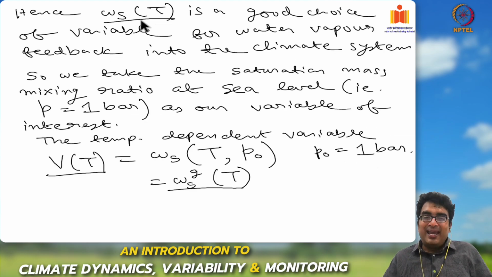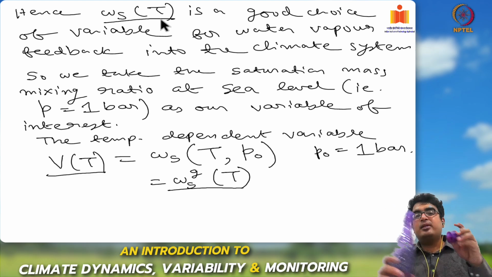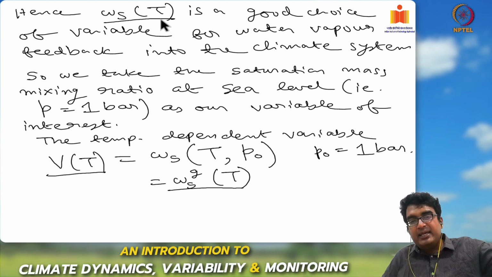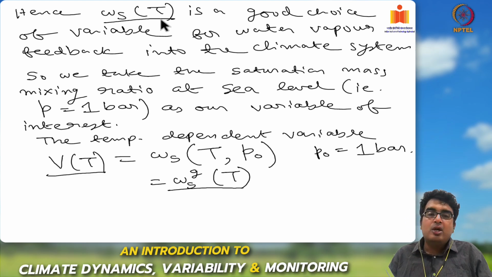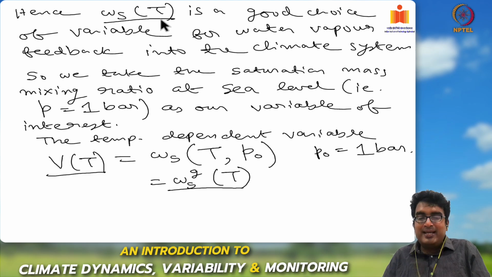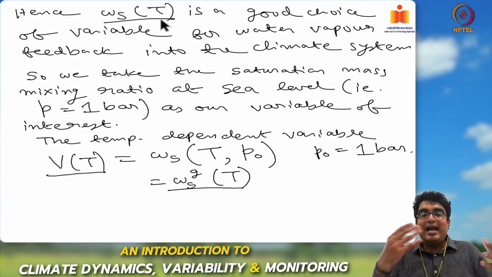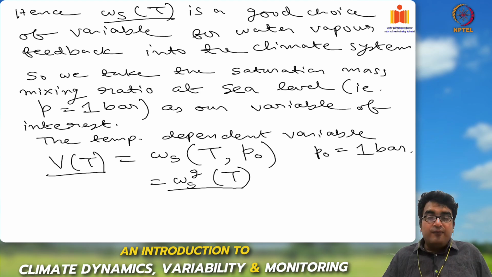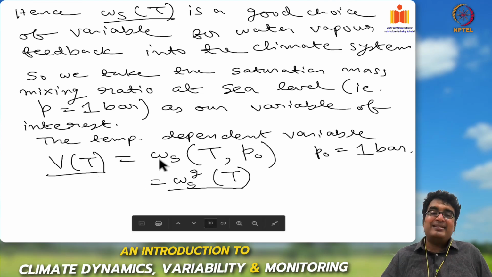Hence, omega S(T), the saturation mass mixing ratio, is a good choice of variable for water vapor feedback into the climate system. So, we take the saturation mass mixing ratio at sea level as our variable of interest. The saturation mass mixing ratio at pressure of 1 bar, sea level, as our variable of interest. So, V1(T), our temperature dependent variable, is the saturation mass mixing ratio at sea level, which is a function of temperature.